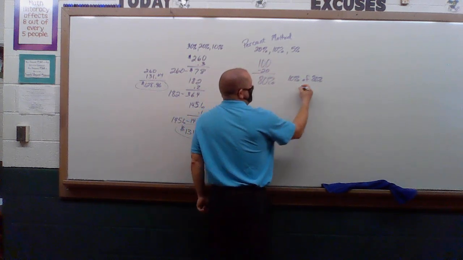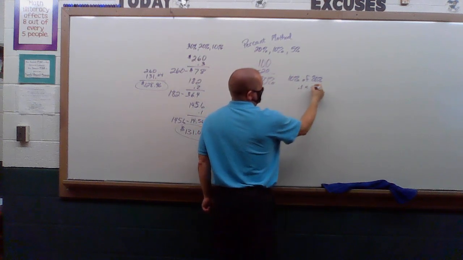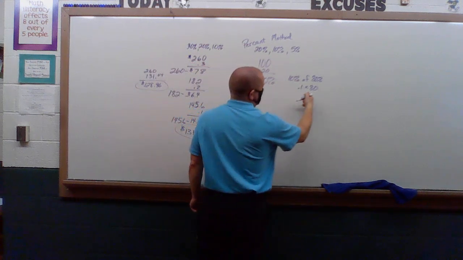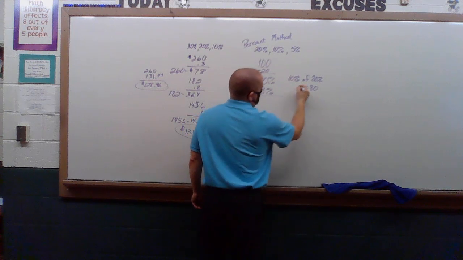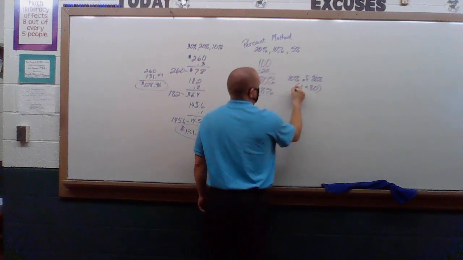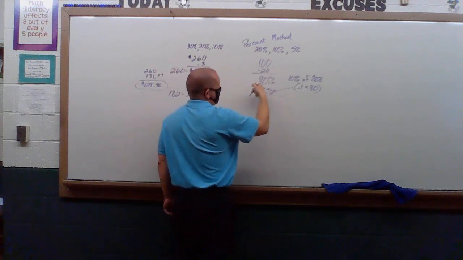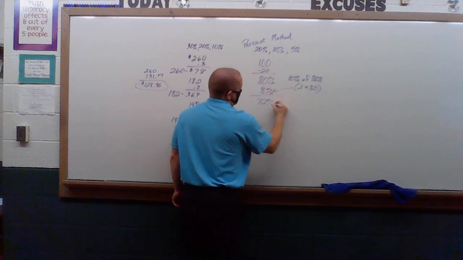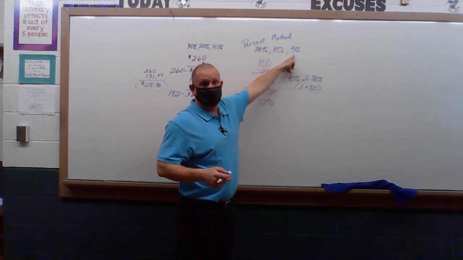So essentially, 10% of 80 is me taking 0.1 times 80. And if I punch that into my calculator, I get what? 8%, right? So now, this answer goes right there, and we're going to subtract it again. So if I take 80 minus 8, I get what? 72. And then I'm going to redo this process again with my last percentage.